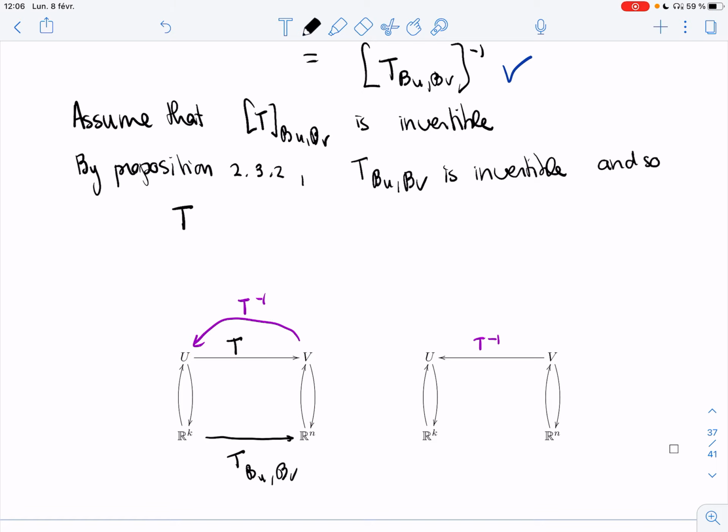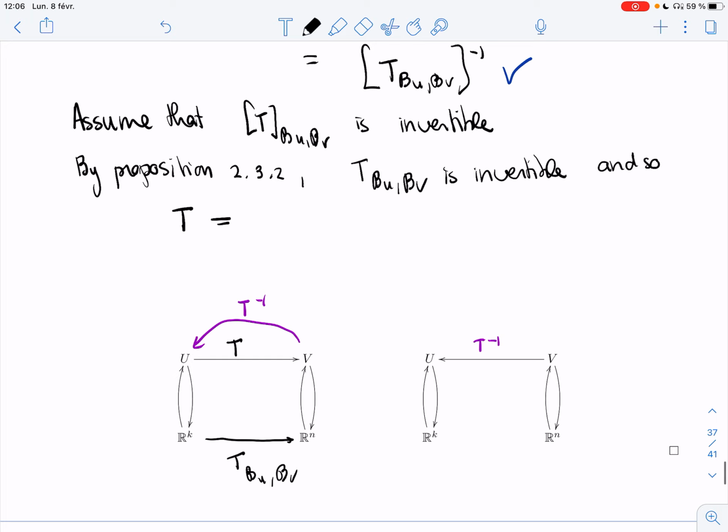All right, so T is, so let's see from the diagram, this is going to be CBU, and then this is going to be LBV. So it's going to be CBU, T, BU, BV, LBV.